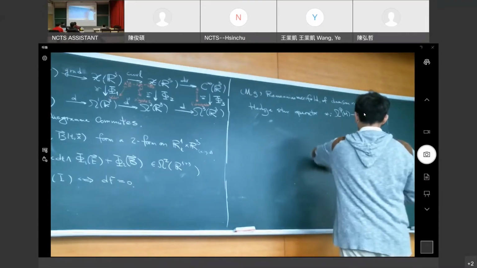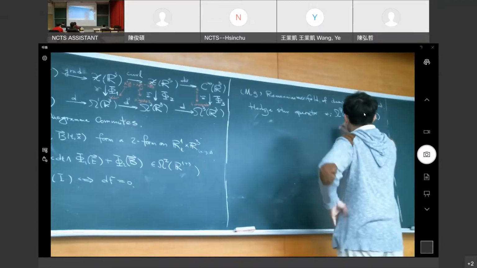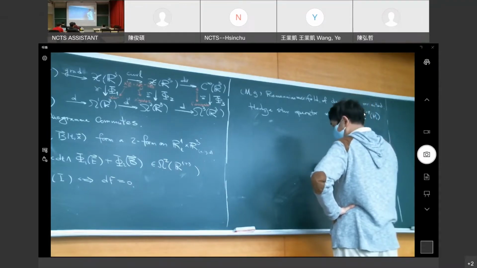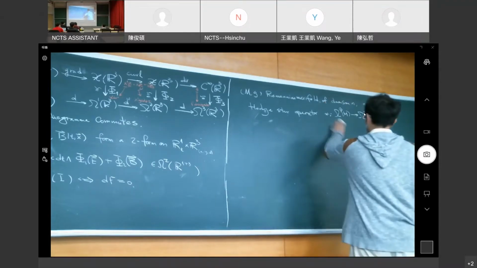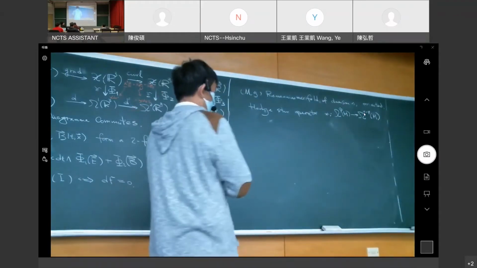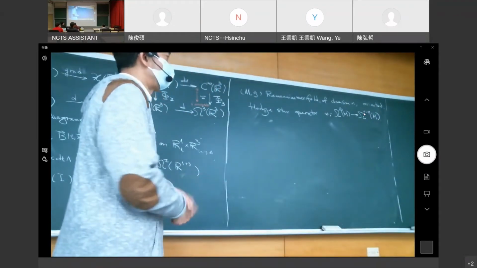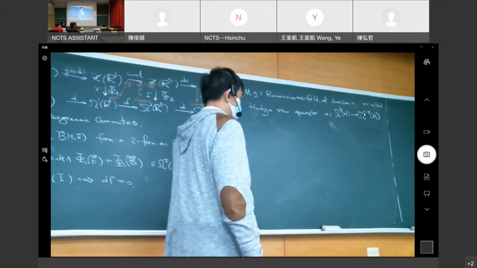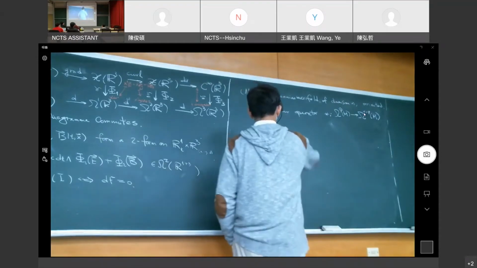If I really want to write it down, suppose we choose a coordinate frame. No, I don't want to write it down, but I'm going to write it down later in 4 dimensions. Let's first talk about its properties.